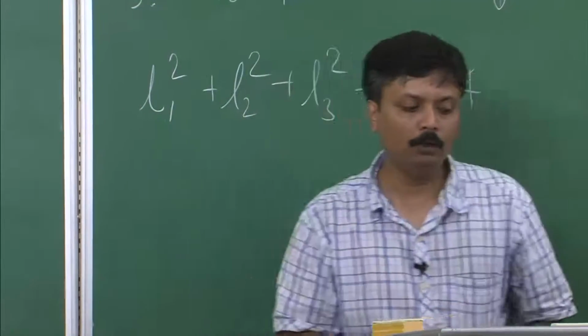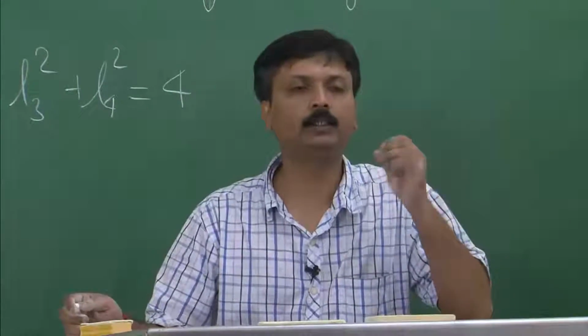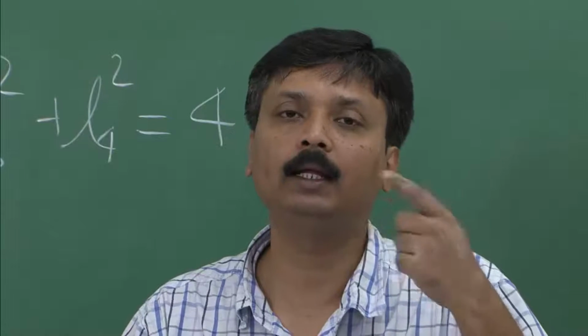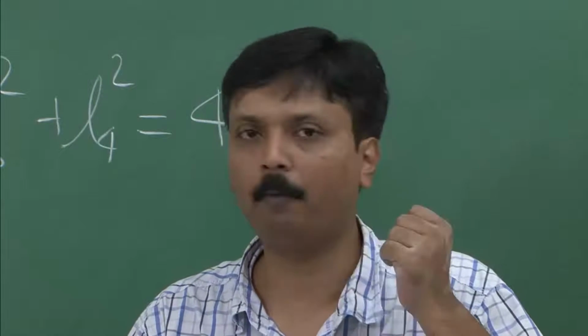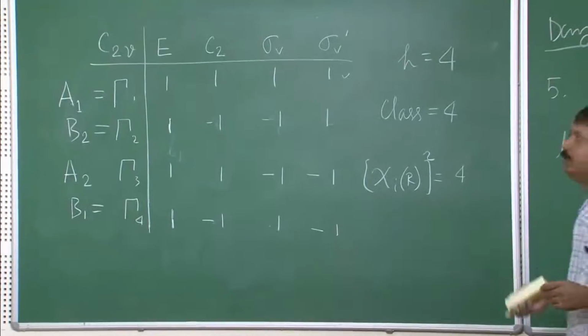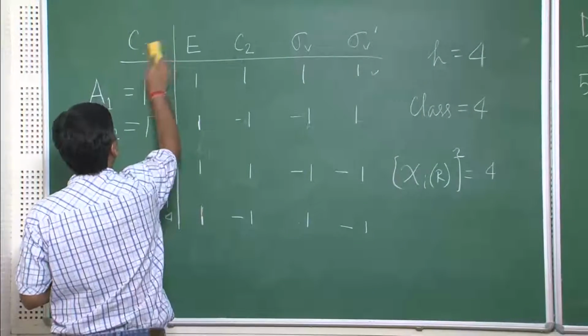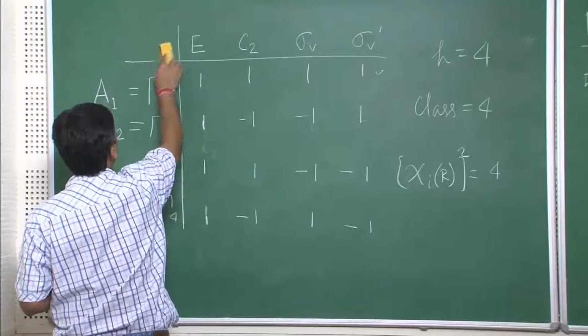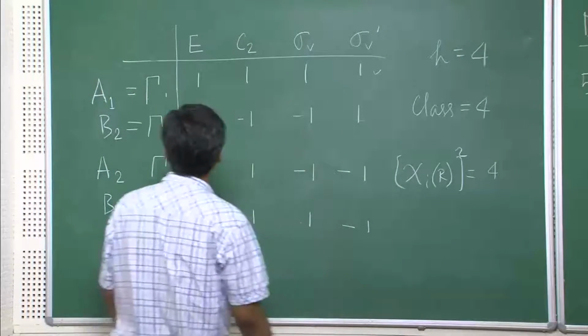So what we will do is illustrate this with another example, which is a little bit more complicated than this simple point group. We will choose C3v instead of C2v now. You have already seen the character table of C3v. Now we will see how we form that character table.